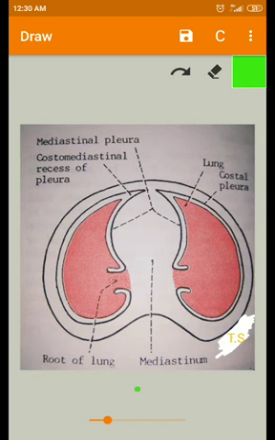It doesn't have a horizontal fissure there. So, particularly in relation to the cardiac notch of the left lung, the costomediastinal recess lies anteriorly behind the sternum and costal cartilages, between the costal and mediastinal pleura.